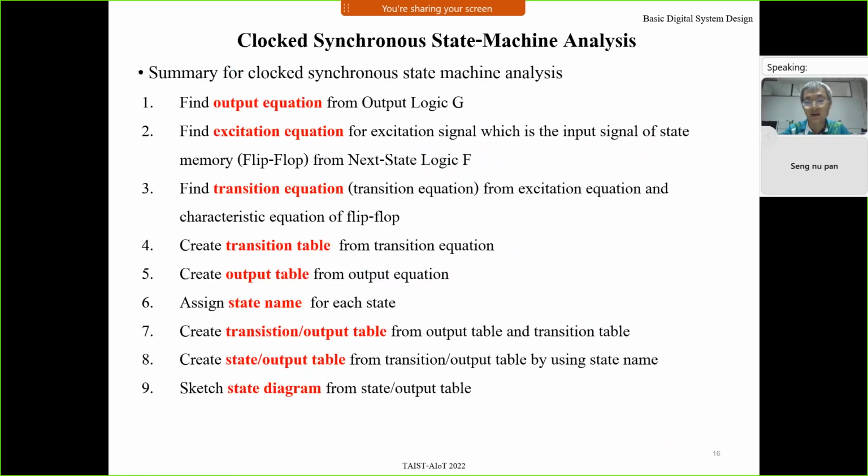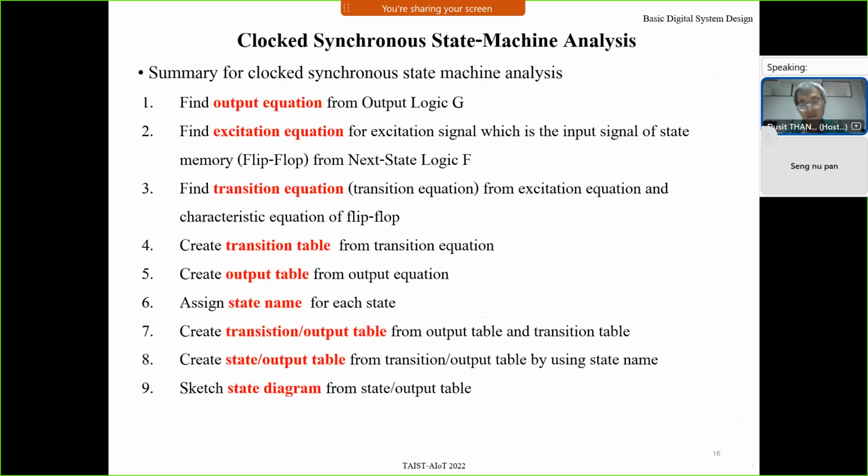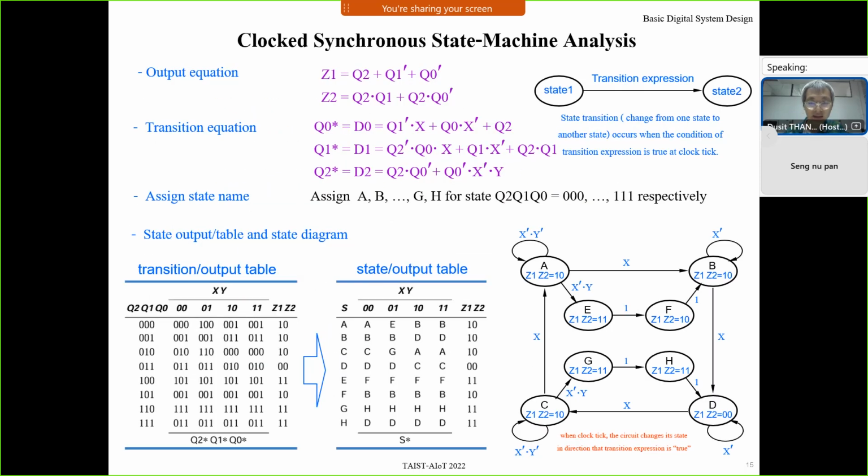Okay, just to summarize. If you understand, now let's do some design. Previously we analyzed this circuit. From the problem, you should draw this state diagram or this state output table.